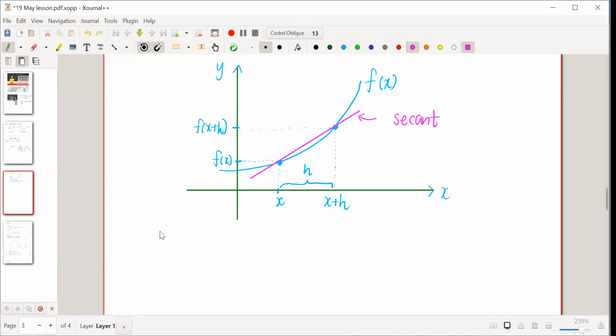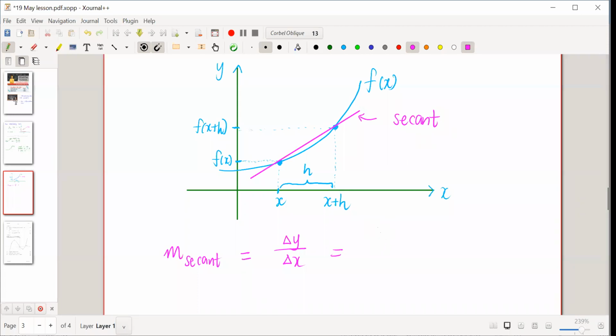So we can essentially calculate the gradient of the secant. Isn't that so? So what is the gradient of the secant equal to? Remember, we have our formula for gradient. It is the change in the y over the change in the x values. So I have 2 coordinates: the first coordinate x comma f of x, and my second coordinate x plus h comma f of x plus h.